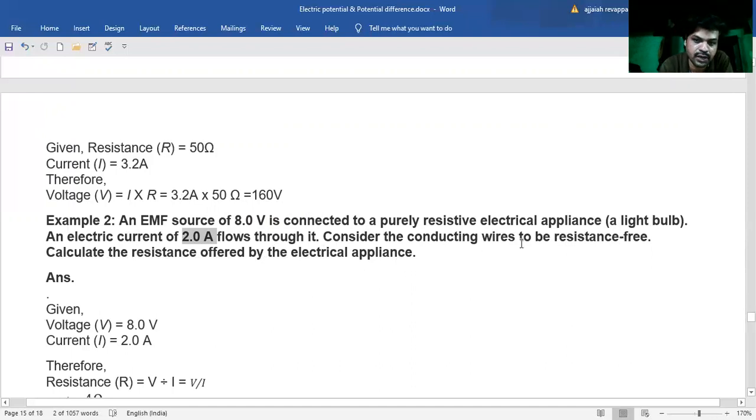So conducting wires are also offering resistance, but in this situation you just consider the resistance to be 0, because here we have connected the bulb. In the bulb there is a filament. That filament is offering more resistance compared to the connecting wires.